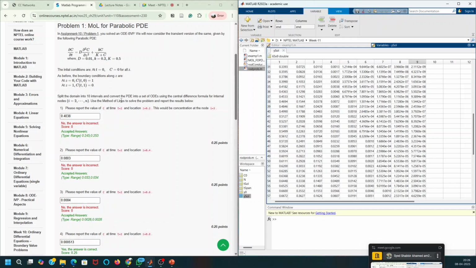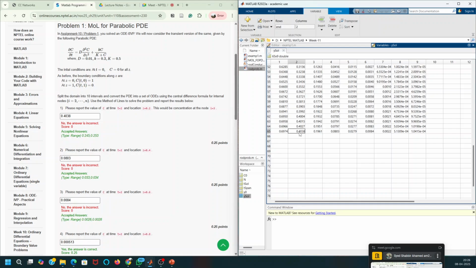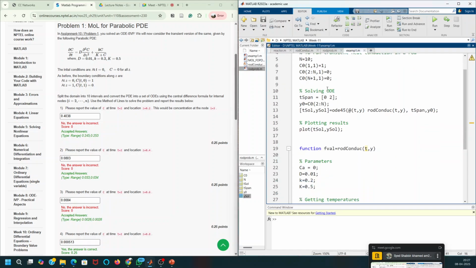Well, different. Here's the MATLAB. What we have done is right, I don't know. We check our code.